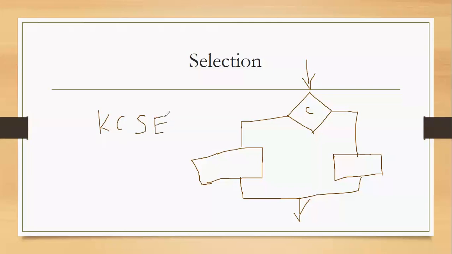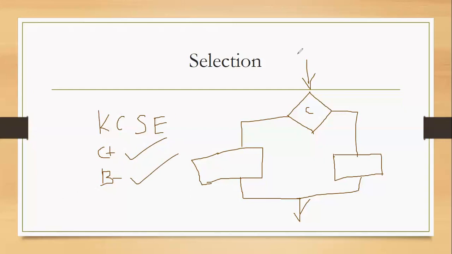Once we do KCSE exams, results usually come out. All the girls who get C+ and above will go to the university direct. Then assuming that all boys must get B- and above, I don't know what happens nowadays, also go to the university.